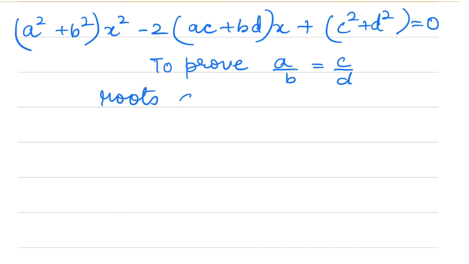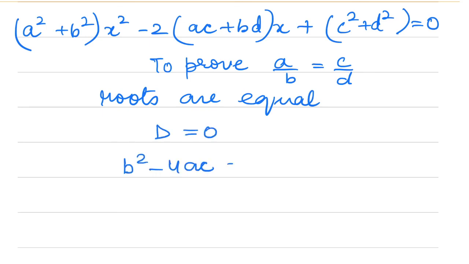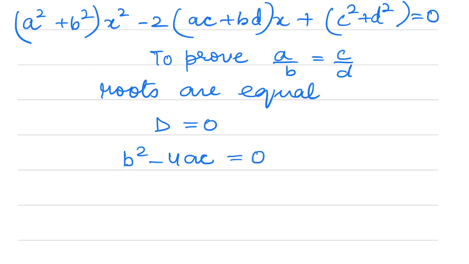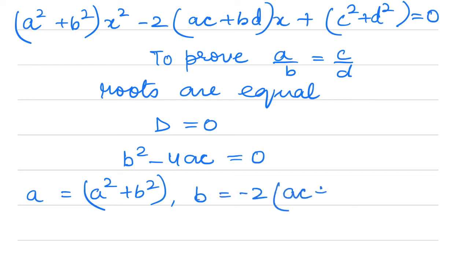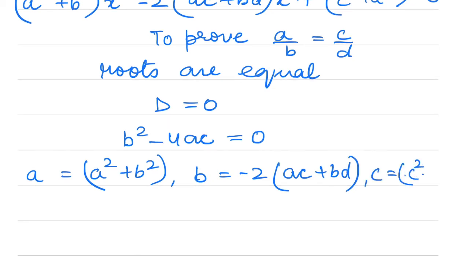Roots are equal. So we can say discriminant is equal to 0, or b square minus 4ac is equal to 0. Comparing with the general form of quadratic equation, we have A as a square plus b square, and B as minus 2 into (ac plus bd), and C as c square plus d square.